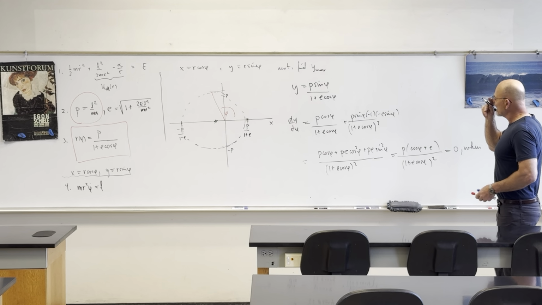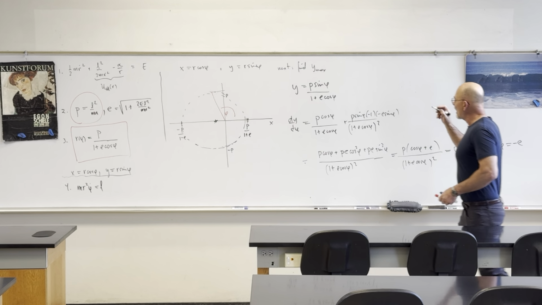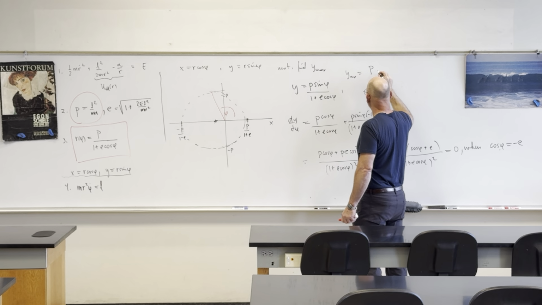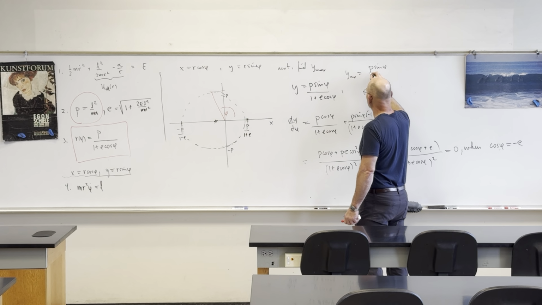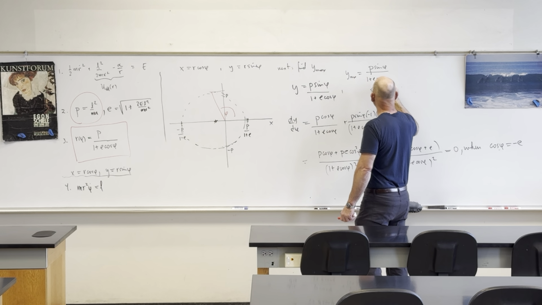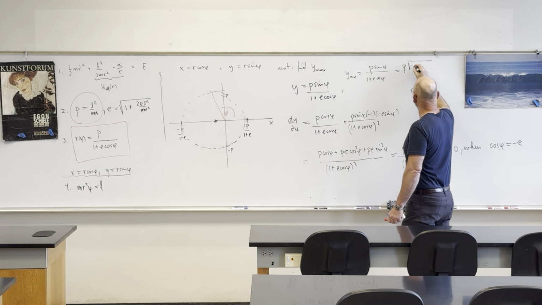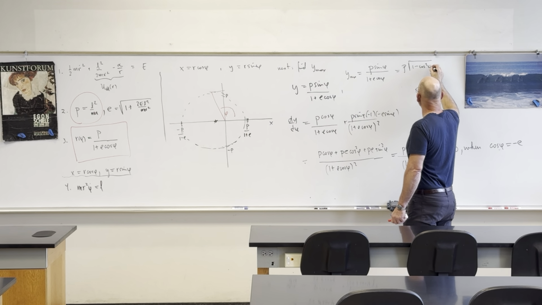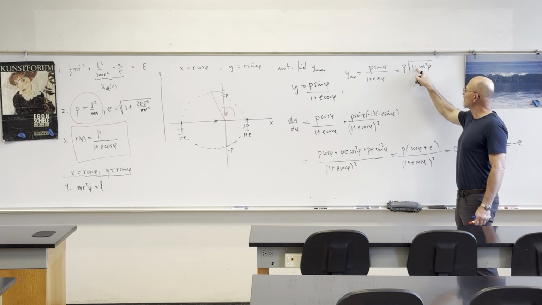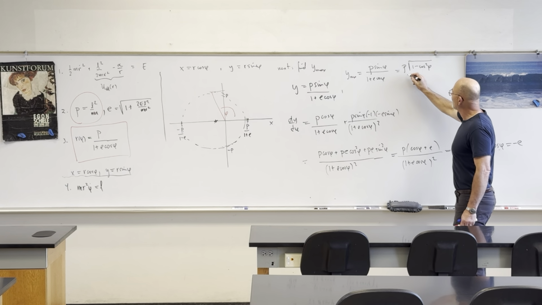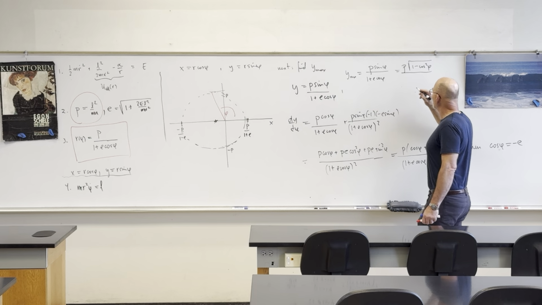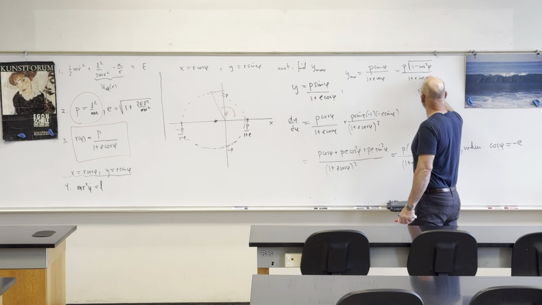Now we just have to calculate y max equals p sine of phi over 1 plus e cos phi, and I'll show you the steps. So what we do is we do p root 1 minus cosine squared of phi. So that's an identity for the sine of phi, 1 minus cosine squared, and then over 1 plus e cos phi.